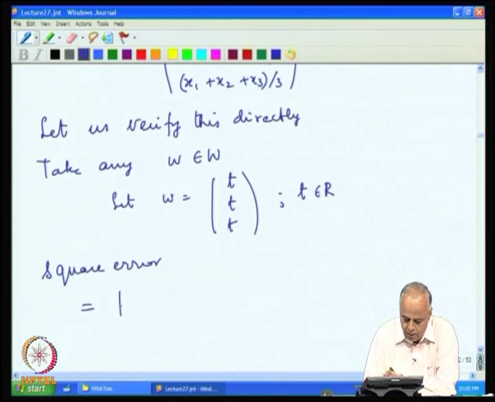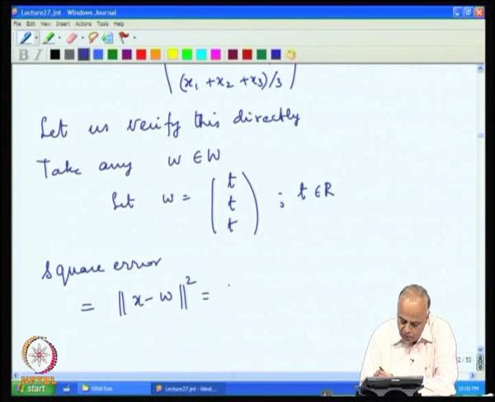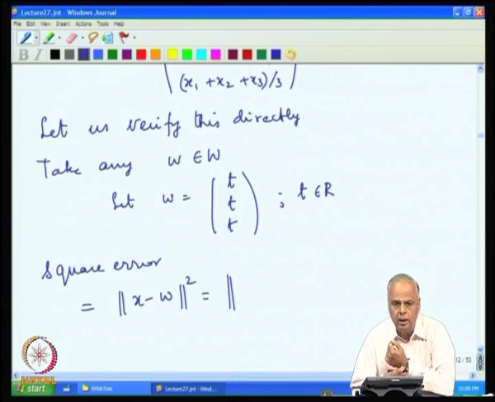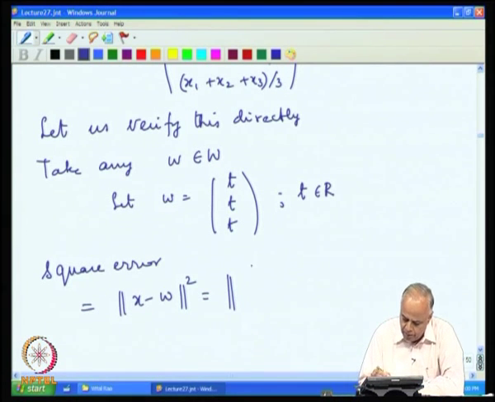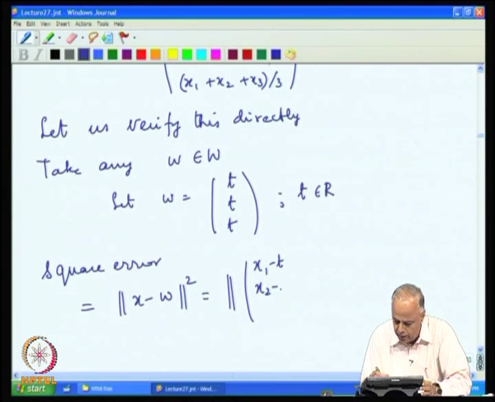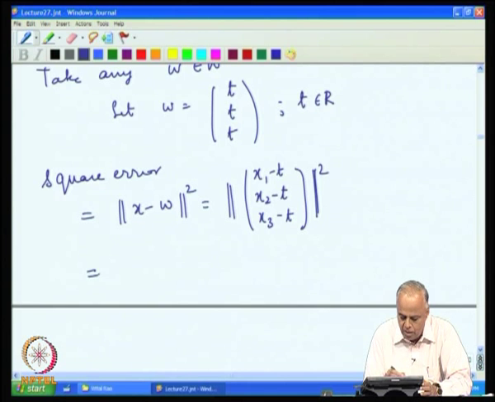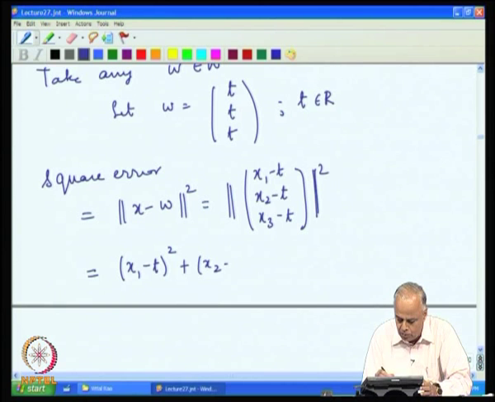The square error is the length squared of the difference vector. x is the vector (x1, x2, x3), and w is the vector (t, t, t). So the difference is (x1 - t, x2 - t, x3 - t), and the length squared is the sum of the components squared: (x1 - t)^2 + (x2 - t)^2 + (x3 - t)^2.